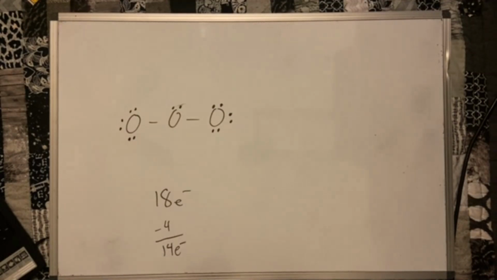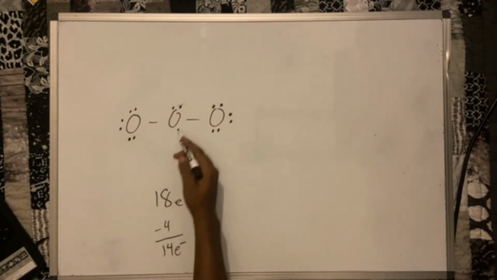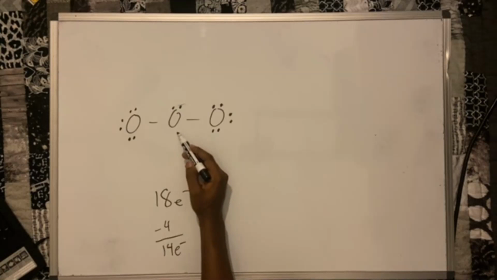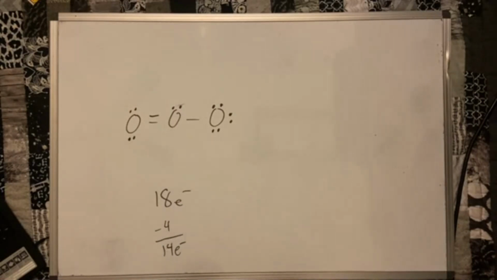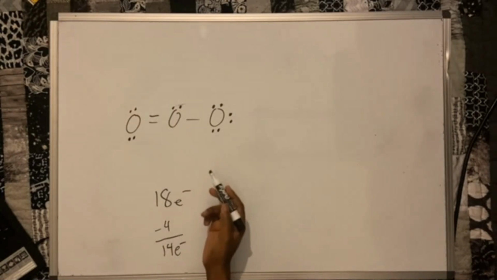Right, so that's my initial guess. This oxygen doesn't have 8 electrons around it, so I'm going to take one of these and make a double bond. And now everything has 8, so now I'm good with my octet rule.